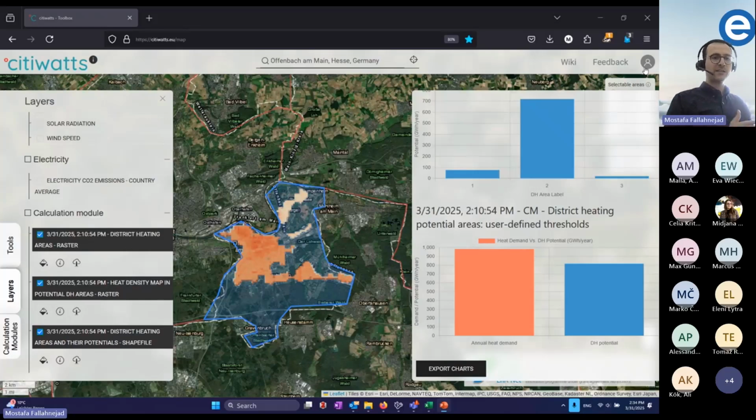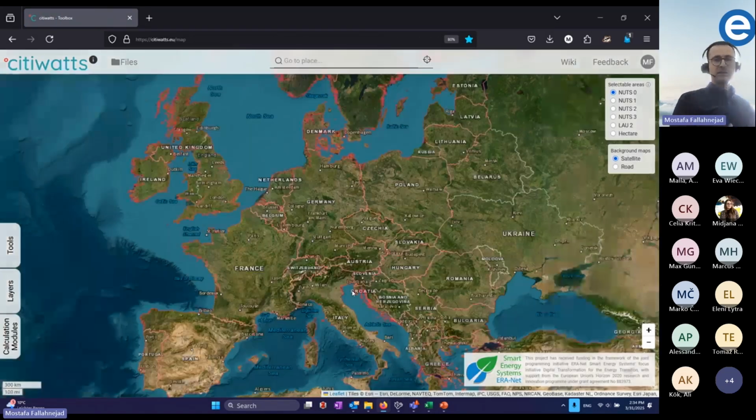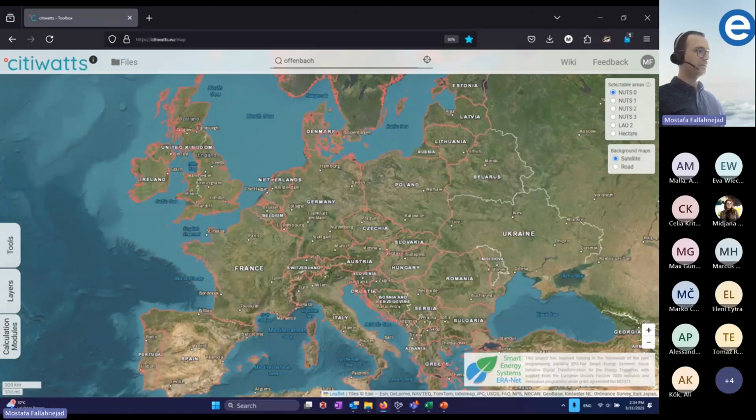Since we are calculating over a period of time, either you use default layers on the platform, or if you already have generated layers as Marcus presented, or you have your own data sets, then you need to log into your user account. Then let's navigate to Offenbach.